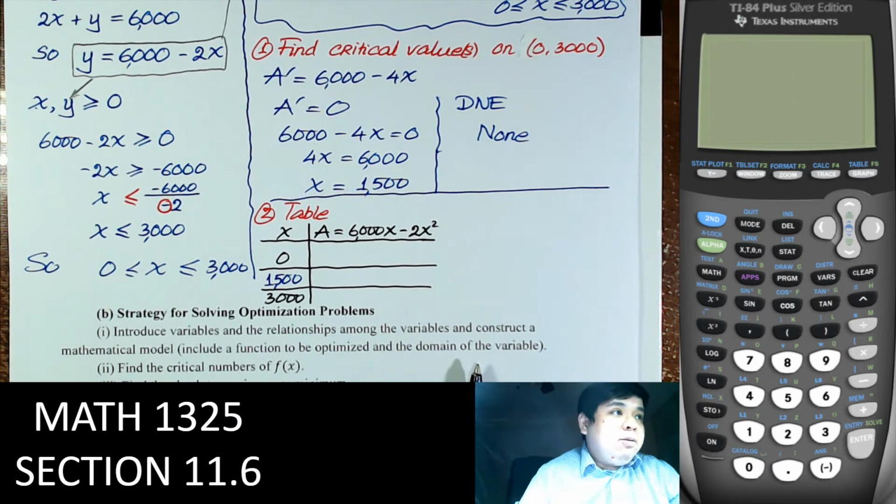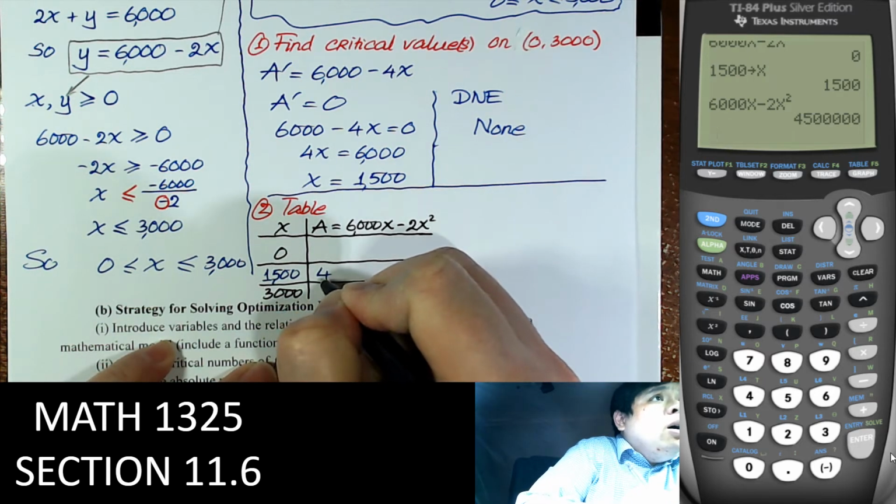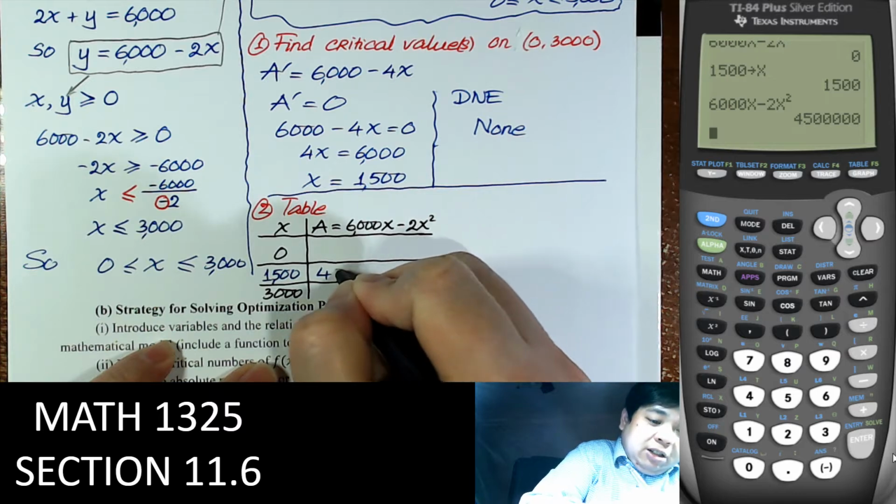Now, if we have 0, we evaluate 6000x minus 2x squared. If we have 1500 down to x, and we do that, that is 4,500,000.